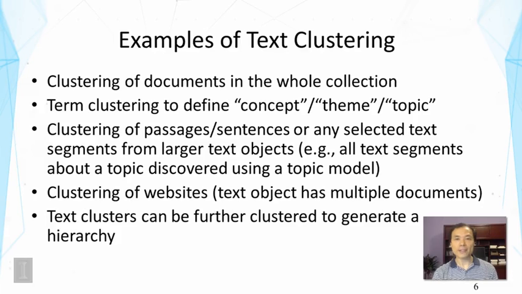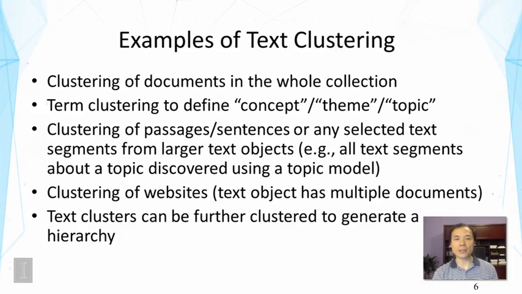We can also cluster fairly large text objects, and by that I just mean text objects that may contain a lot of documents. So for example, we might cluster websites. Each website is actually composed of multiple documents. Similarly, we can also cluster articles written by the same author, for example. So we can treat all the articles published by an author as one unit for clustering.